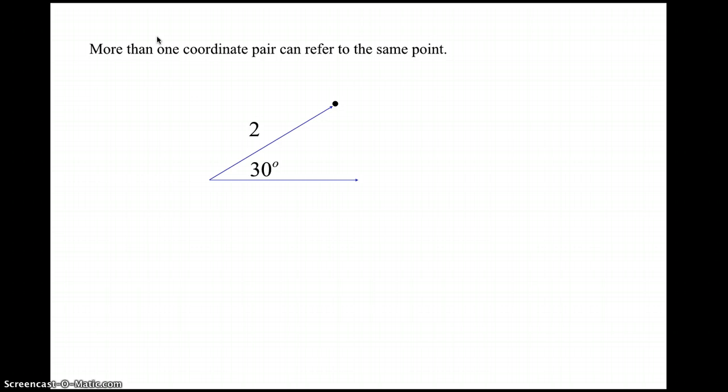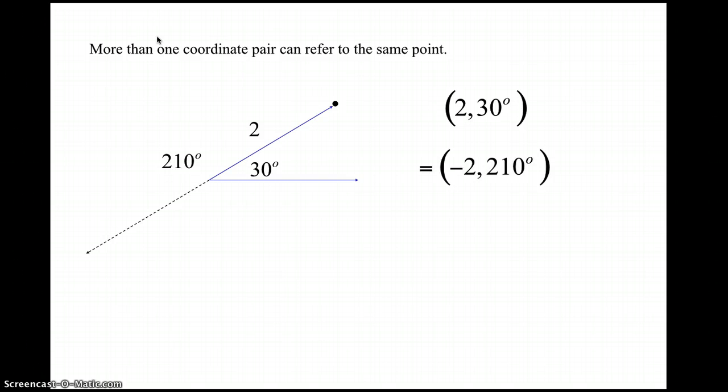We can use different coordinate points to describe the same location. For example, this would be 2, 30 degrees. We could also use -2, 210 degrees.